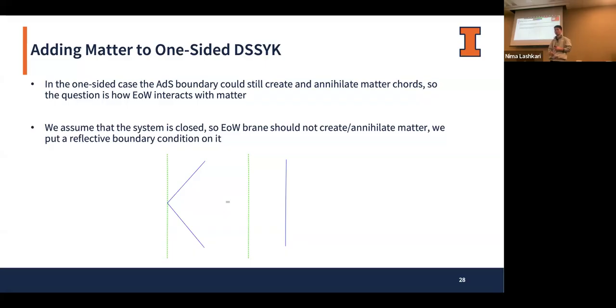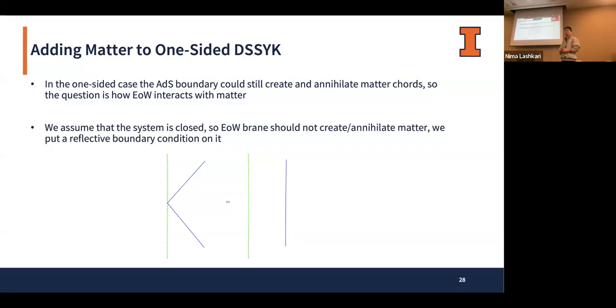No. Yeah, because intuitively, if a matter chord could end on the end of the world brane, you're essentially saying that I could annihilate some matter particle leaking out of that end of the world brane, right? That's not the case. Yeah, but why is that bad? Yeah, because basically, I just want to put the reflective boundary condition on the end of the world brane, because I don't want the matter to leak from the end of the world brane, right?